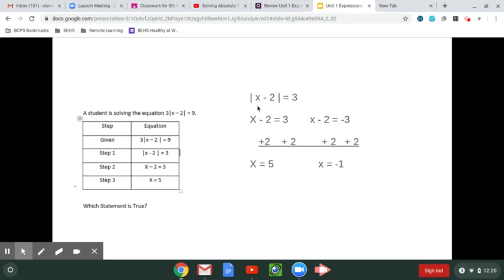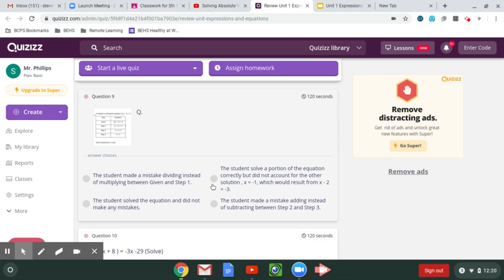So when they got here, they were supposed to write it 2 different ways. One with a positive 3 and one with a negative 3. So they got the first solution, x equals 5, but they were supposed to get a second solution, x equals negative 1.